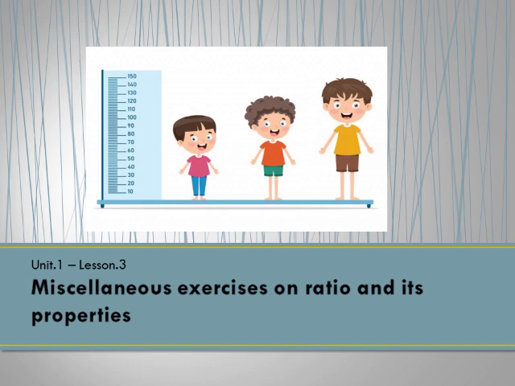As we said yesterday, we have three cases. First case, the ratio between two quantities and we know a value and we want the other. The second case, we have the ratio between two quantities and the sum of these two quantities.